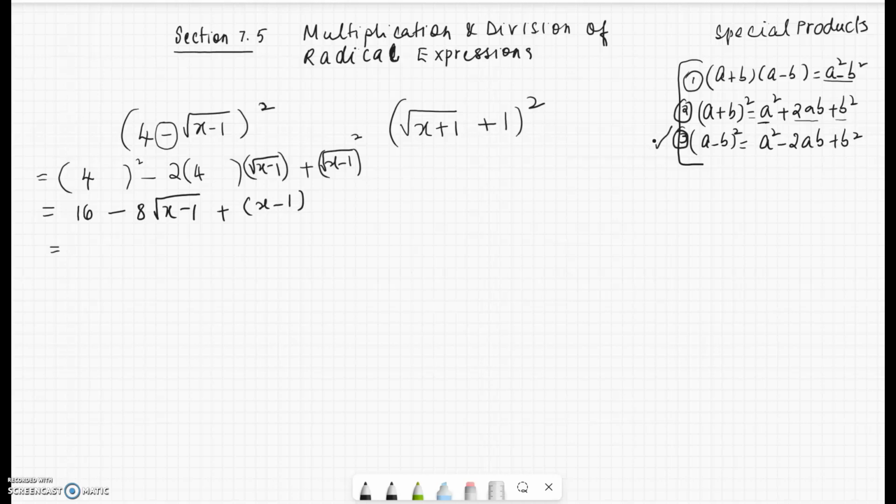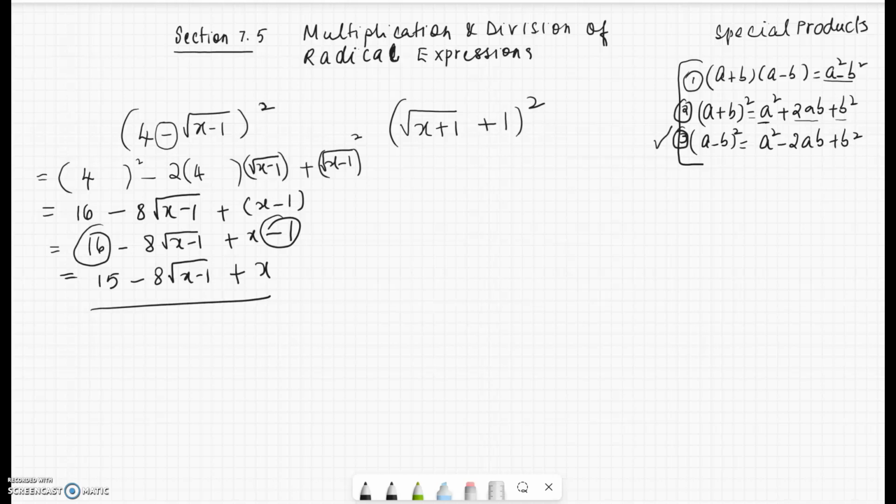So this is equal to 16 minus 8 radical x minus 1 plus x minus 1. So 16 minus 1 is 15. So I'm looking at 16 minus 1 minus 8 radical x minus 1 plus x, and that's the final answer.